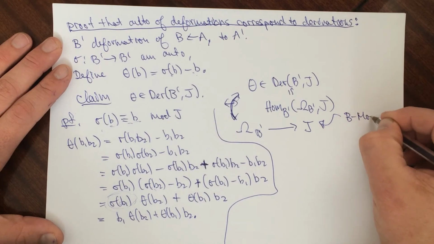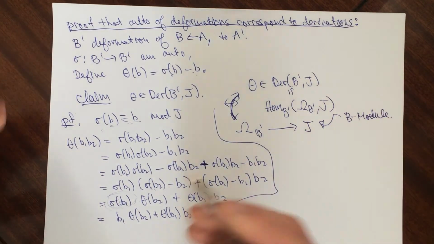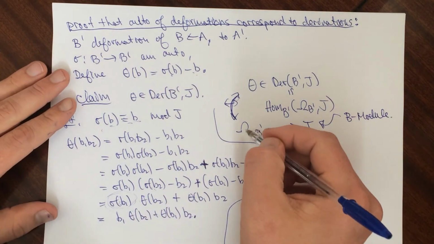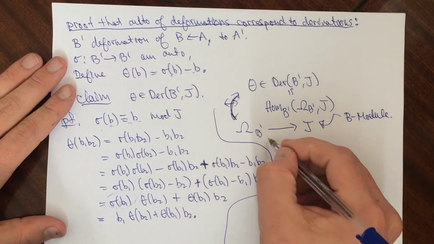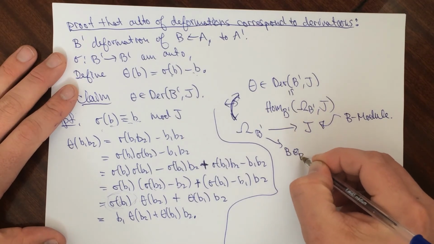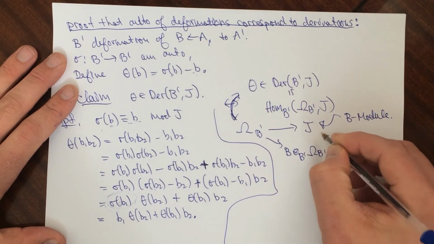Now we observe that J, as I used over here, is really a B module. I mean, the B prime module structure factors through the natural B module structure it has from the square zero property. So since it's a B module, we might as well tensor up to B over B prime with omega B prime here.